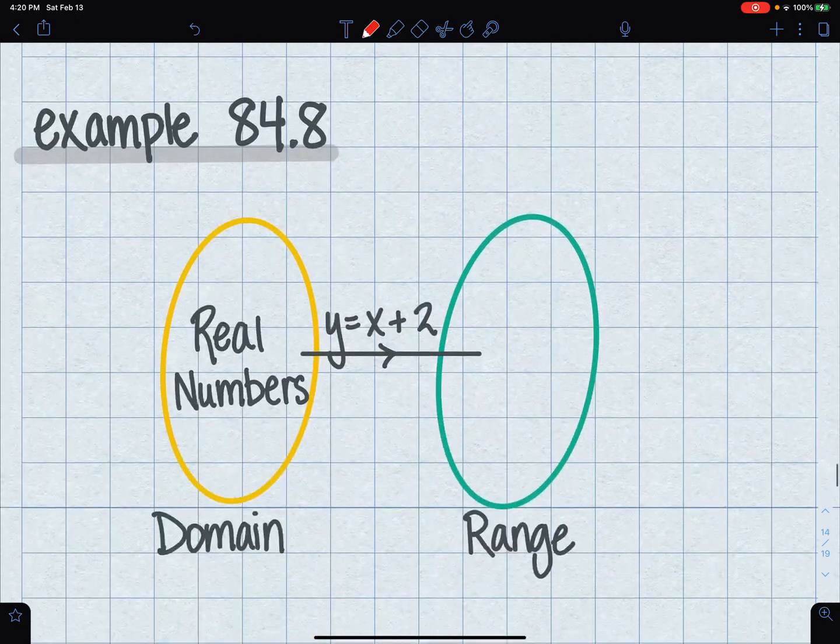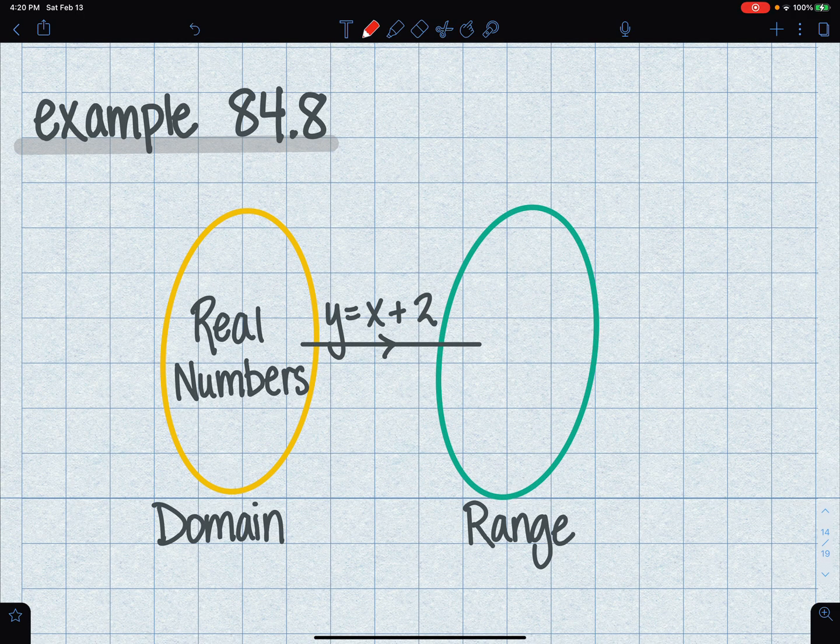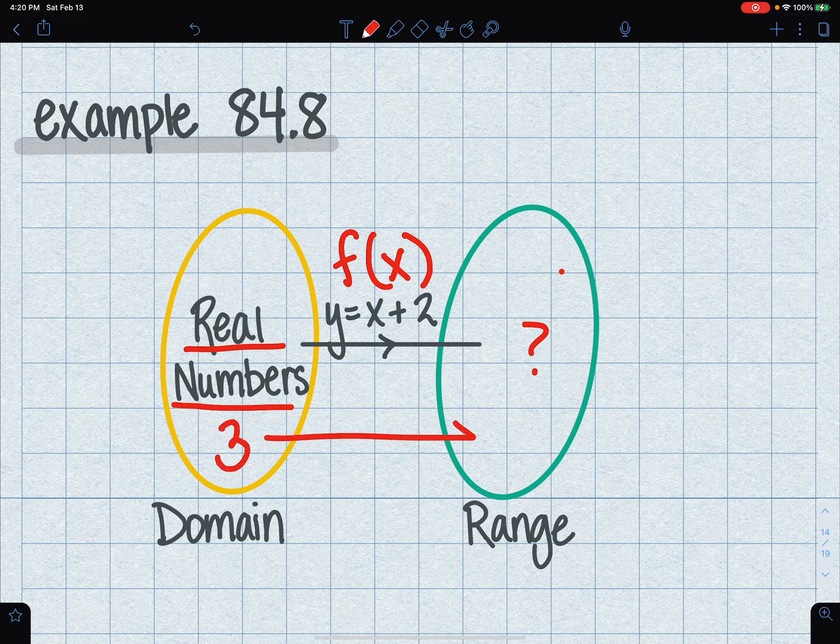Okay, what about the next one, 84.8? This one's different. This says you put in anything, and you're going to get... it's not specified. The range is not specified, but the function is specified. So f of x is x plus 2. If I put in any real number like 3, that's going to give me x plus 2, 3 plus 2. It's going to give me a 5.